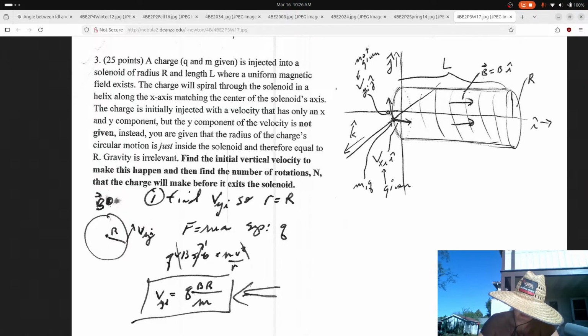So now we need to find t, because it's the total time divided by the period time.